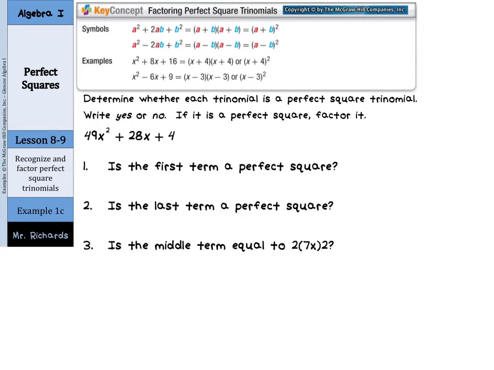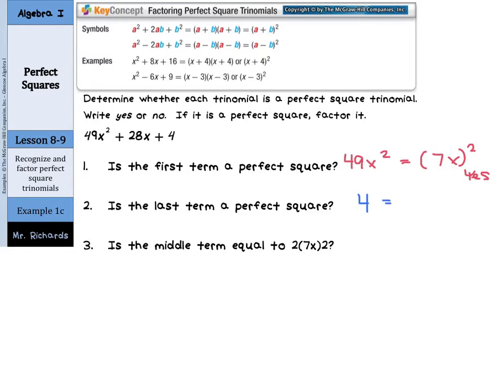In our next example, we have 49x squared plus 28x plus 4. So as our first term, 49x squared, a perfect square? Well, the square root of 49 is 7. The square root of x squared is x. And so we have 7x squared, so yes, it is. What about our last term, 4?